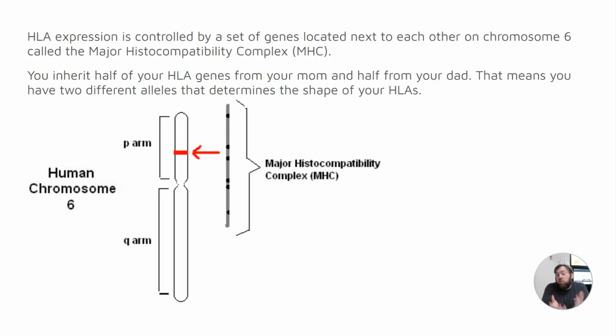So that means you have two different alleles of the same set of genes that is going to generate these antigens on the surface of your cells. And these antigens are generated if they are active enough to be synthesized from the genes that tell them to do so.